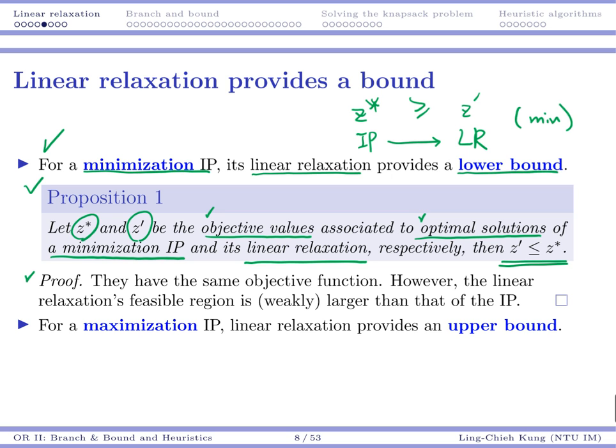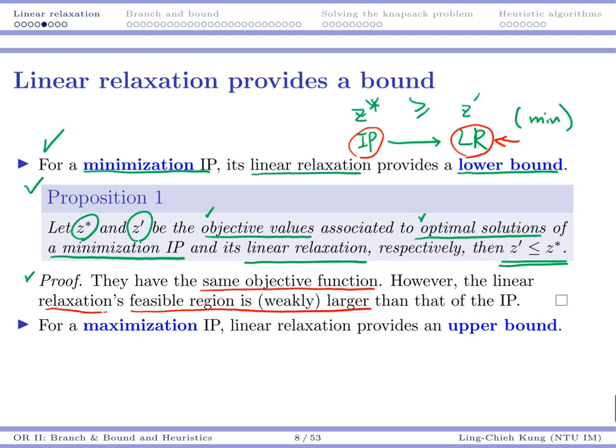Well, it's actually very easy. So suppose we are comparing these two programs. This is an integer program. This is a linear relaxation. They have the same objective function. Moreover, the linear relaxation's feasible region is typically larger than the original integer program.